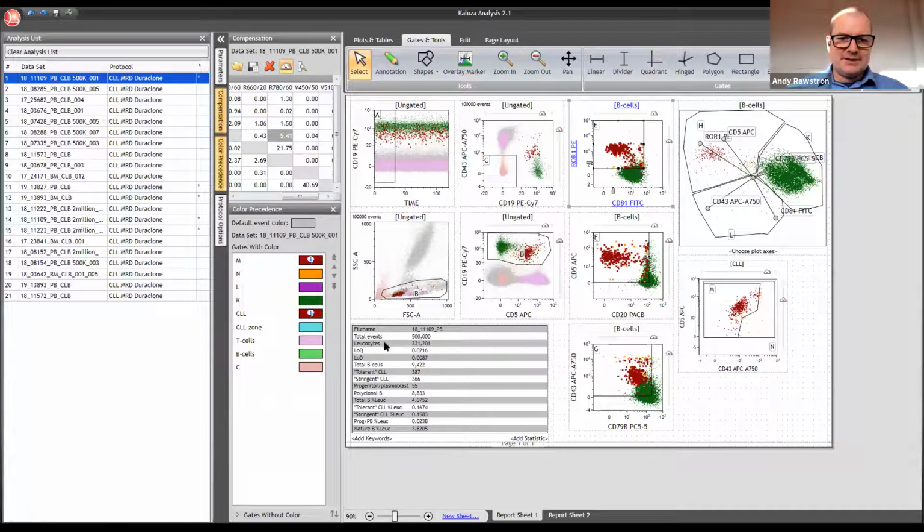We have the total events and then the leukocytes, which is all these events in here. The limit of detection and limit of quantification we calculate automatically as 50 events divided by total leukocytes, or 20 events divided by total leukocytes for the limit of detection.